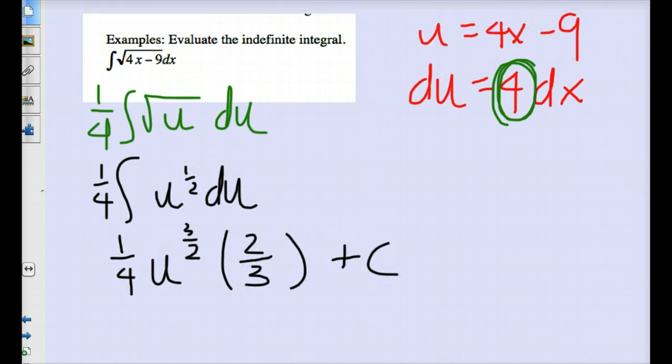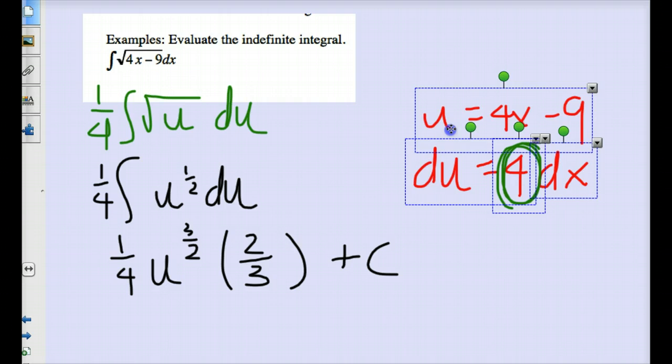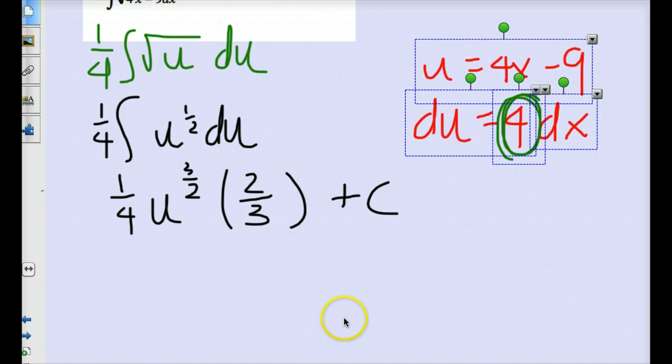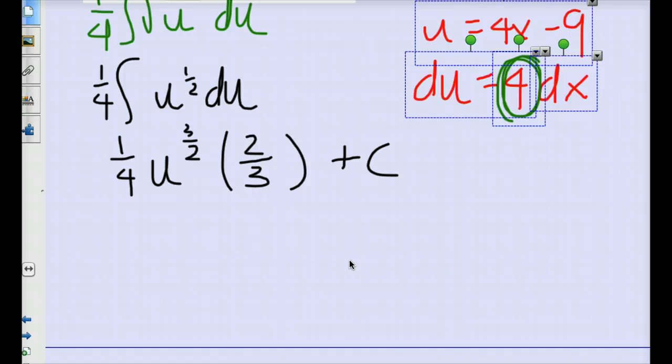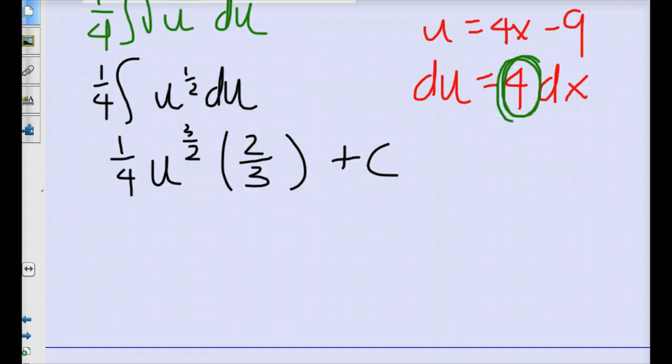And let's just move this down so later on it helps us out. Okay, and so if I extend this just so I have a little more room, I'm going to simplify my powers, and this cancels to 1 and this cancels to a 2. That gives me 1 over 6.